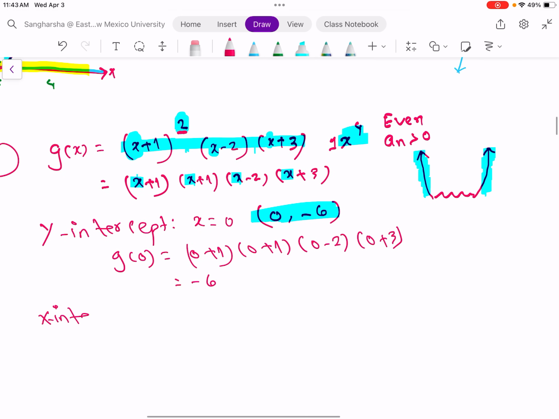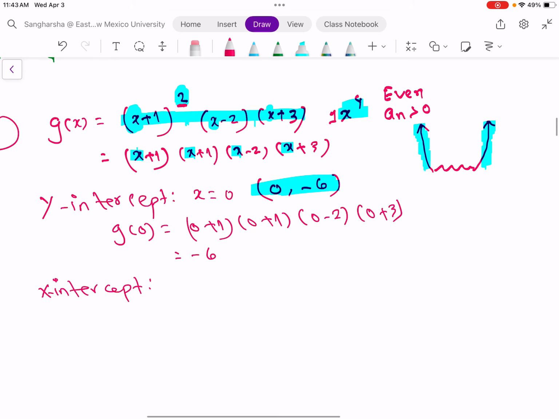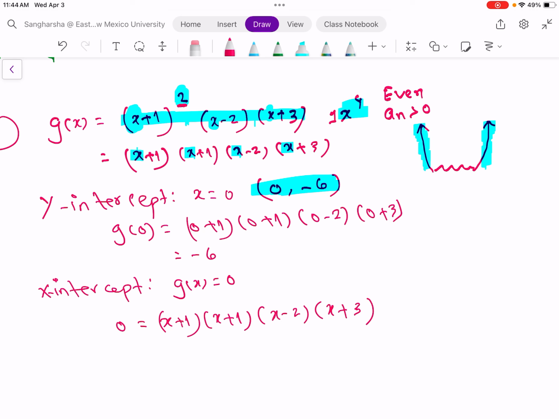To find the x-intercept, what do we substitute? We substitute f of x, or we have g here, g of x equals 0. So we have 0 equals x plus 1 times x plus 1 times x minus 2 times x plus 3. How do we solve this equation?